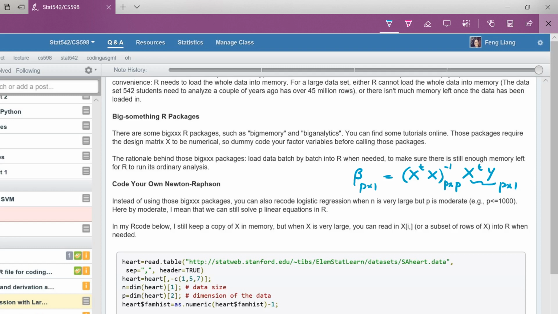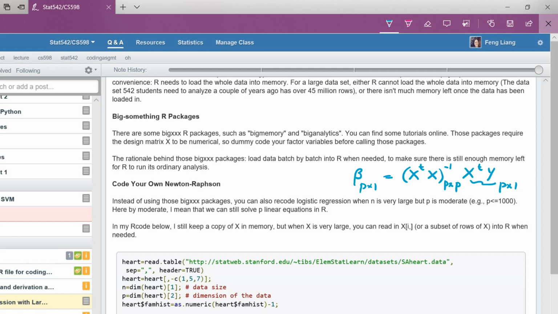For example, if you do linear regression, suppose our N is like 40 million but P is only 10. Your design matrix X is a tall and skinny matrix, very tall because you have millions of rows, but only 10 or 11 columns, depending on whether you count the intercept.